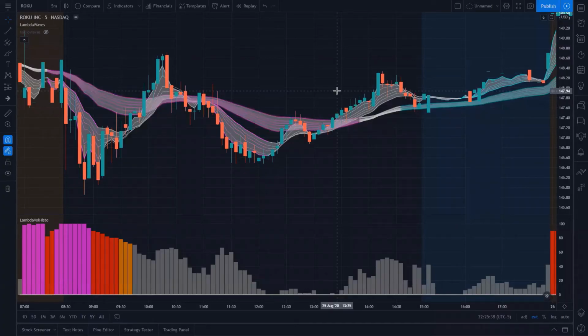All right, so just to recap real quick, we've gone over the Lambda volatility histogram. We've discussed the price wave and the trend wave. As for the trend wave, there's three colors: teal, which indicates a bullish movement; a grayish, light color, which is neutral or undecisive; and purple, which indicates a bearish downward trend.